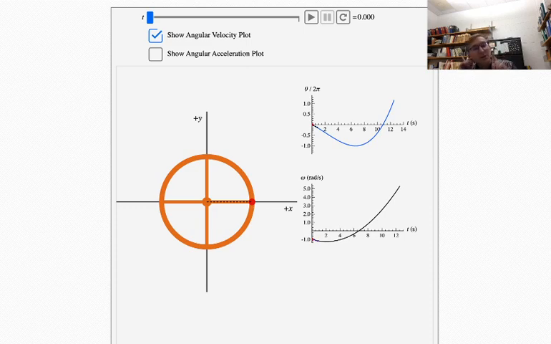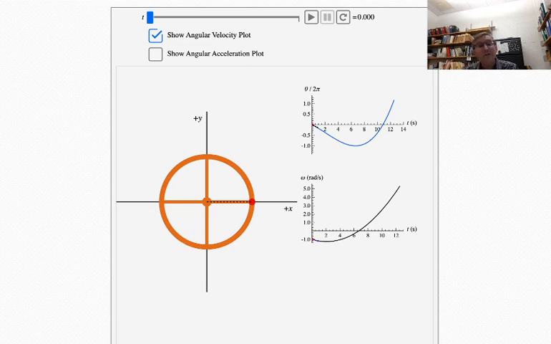Remember, the slope of the tangent line on that graph is alpha, angular acceleration. So the only way to have the angular acceleration be constant is to have a graph that has a constant slope. Such a graph is a straight line. Therefore, I need the angular velocity graph to be a straight line. Then the angular acceleration will be constant.